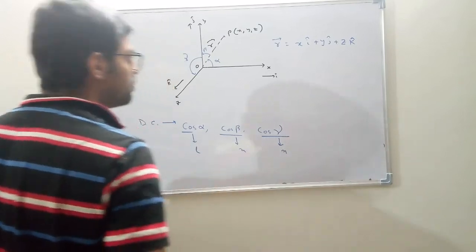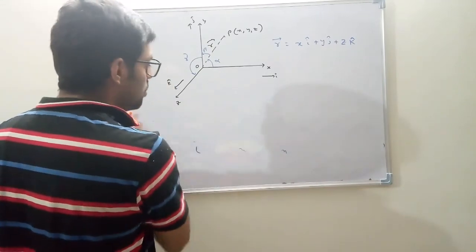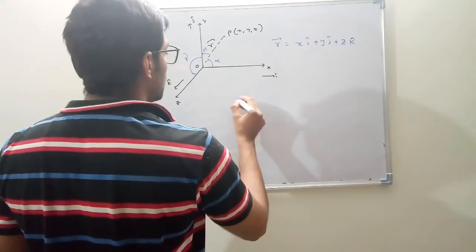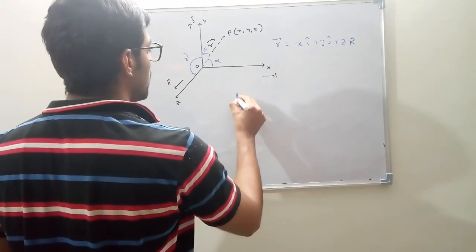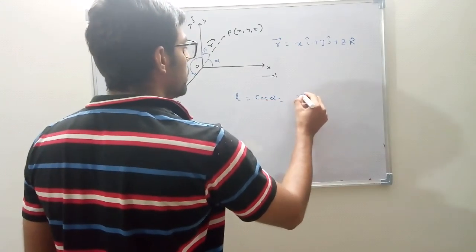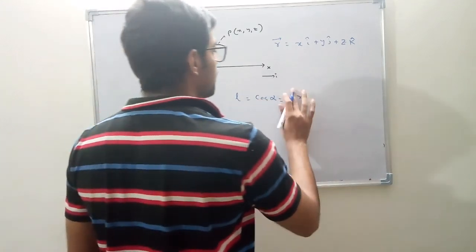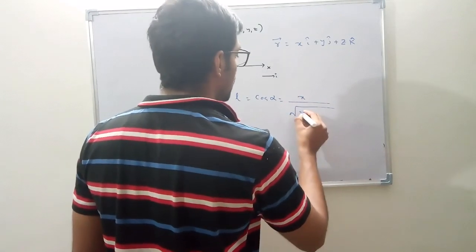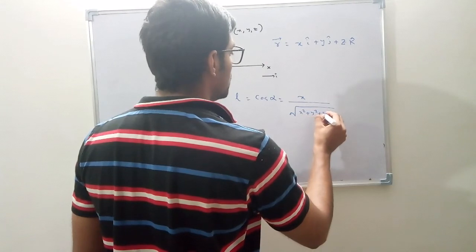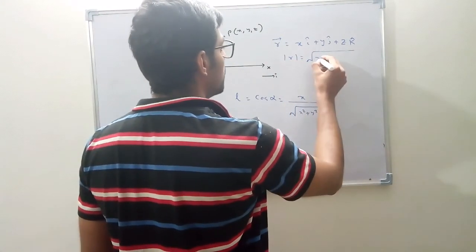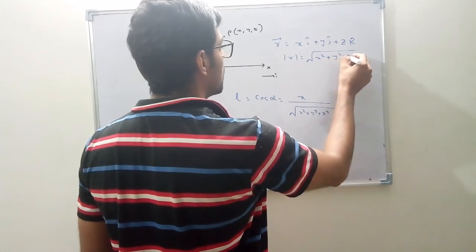Here, for these direction cosines l, m and n, we have l equal to cos alpha equal to x by root over x square plus y square plus z square, because in this case the magnitude of r will be root over x square plus y square plus z square.